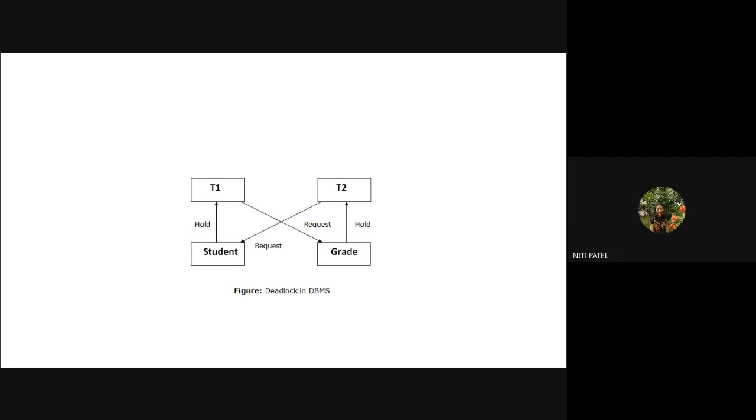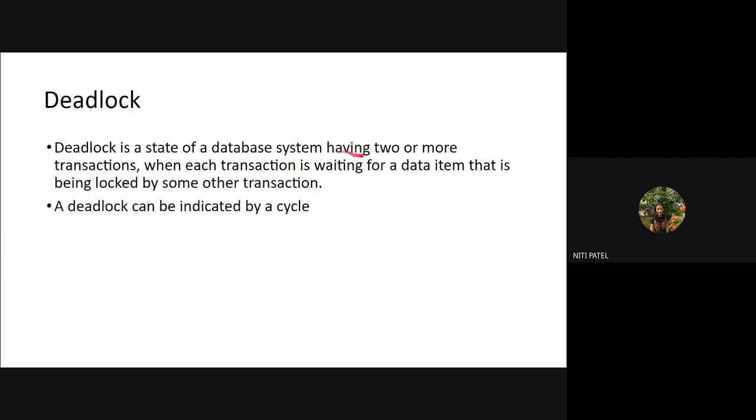So I have two transactions, and those two transactions want a lock on a data item which may be used by some other transaction. If there is a cycle, that is, T1 waiting for a data item held by T2, T2 waiting for a data item held by T3, and T3 waiting for a data item held by T1, I consider this a deadlock. So deadlock is a state in a database system having two or more transactions.